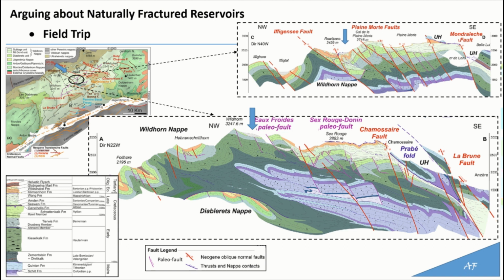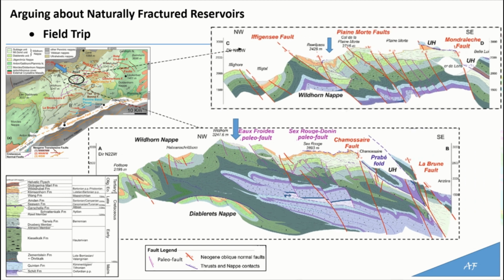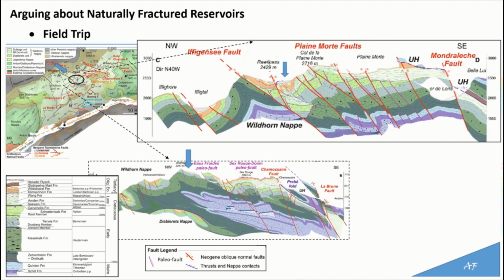The blue arrow illustrates the projection on the cross-section of the area of interest, here on the western cross-section, and here in the eastern cross-section.